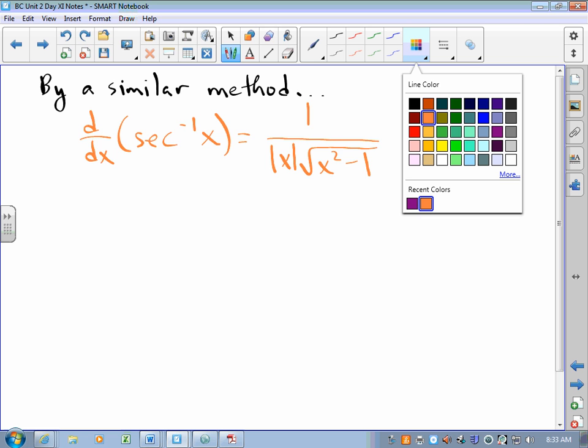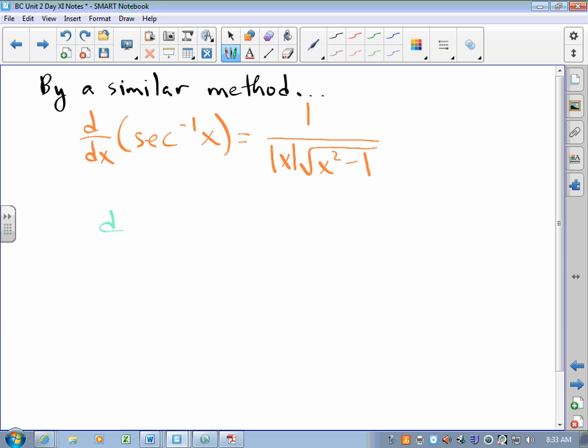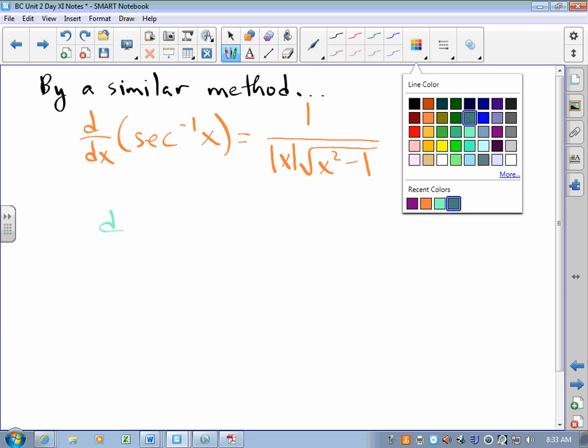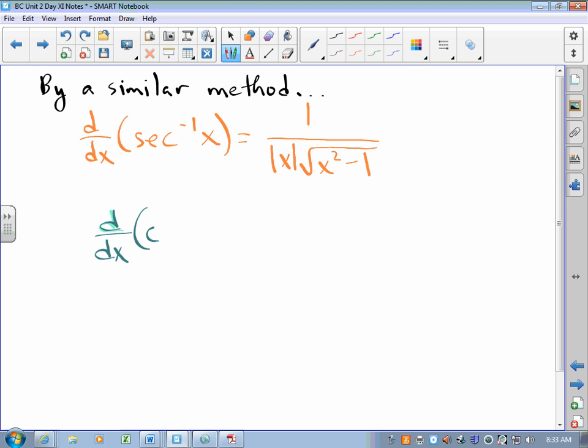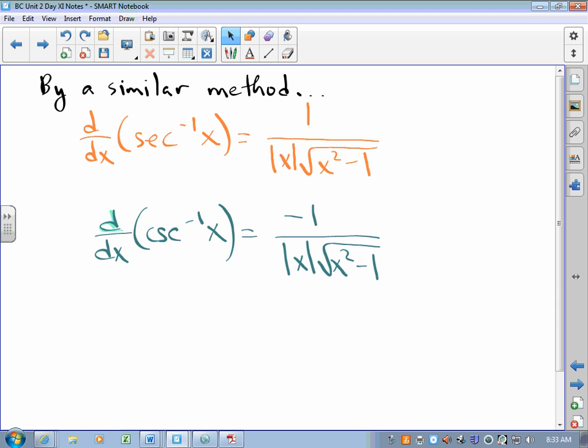And the derivative of the inverse cosecant graph is negative 1 over absolute value of x times radical x squared minus 1. Again, the relationship is the graphs of the co-functions have the opposite of the derivative of their actual functions. That's the basic idea.